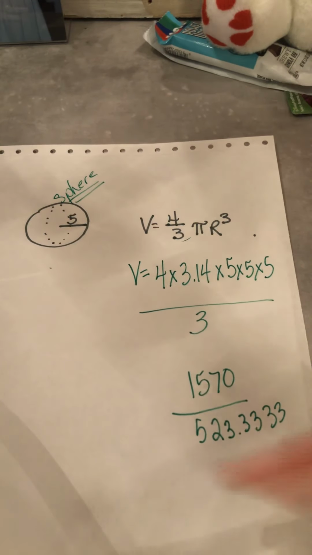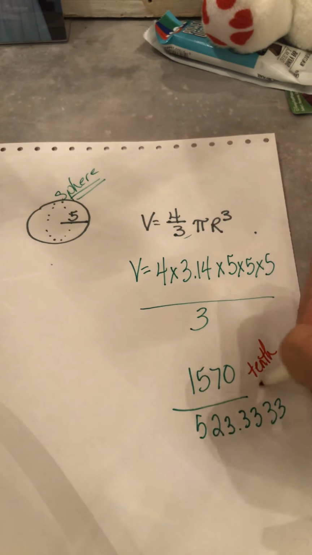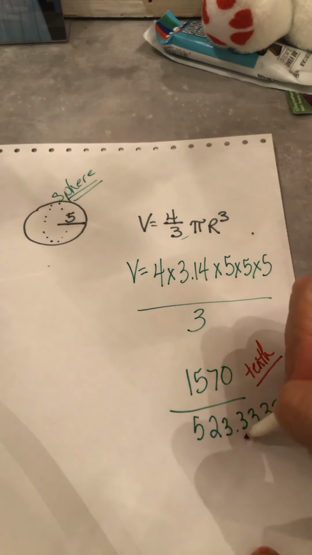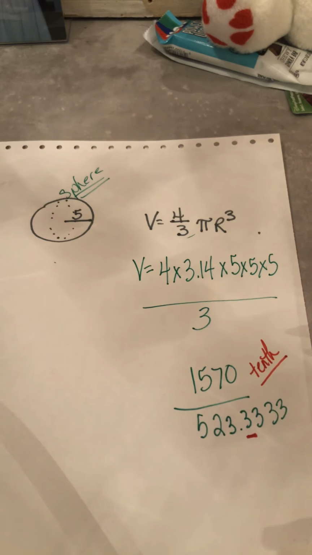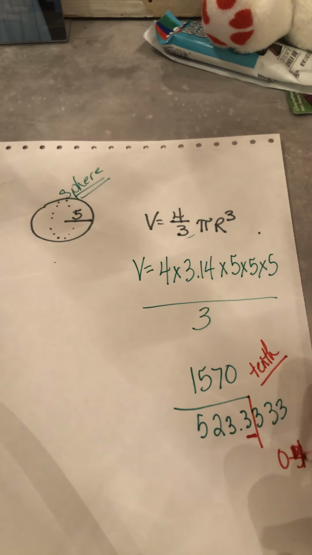Okay. All right, now let's round this one different. Let's say it says round to the nearest tenth. So the tenth is the first place after the decimal. So I'm going to draw my line here, remembering my rule, 0 through 4, leave it alone. 5 through 9, bump it up. So this 3 right here gets to make the decision what to do here.